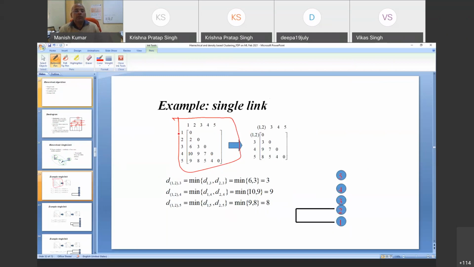So if this is Allahabad or Prayagraj, then certainly this will be 0, and if this is Lucknow, with 200 kilometers, I can say the difference between Allahabad and Lucknow is 2. Similarly, this lower triangular matrix gives you the dissimilarity matrix of the objects 1, 2, 3, 4, 5. So what we do in this case is first erase this.